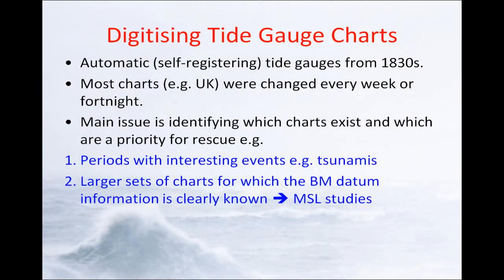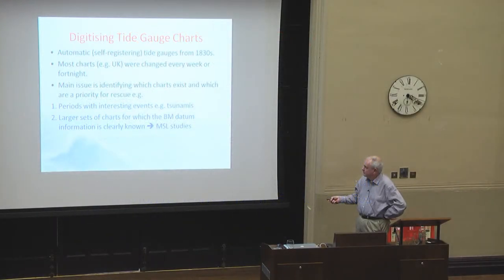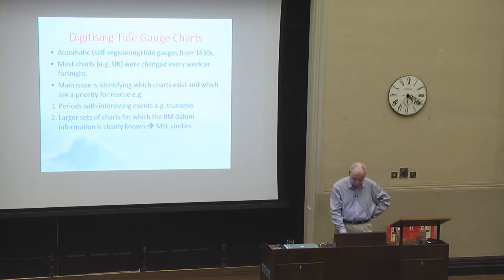So some centres have a lot of these, and the main issue really is how to digitise them and decide which are the priority. And so you might decide to digitise interesting events like tsunamis, or if you have good benchmark information with the charts, then of course you might want to digitise them all for mean sea level studies.